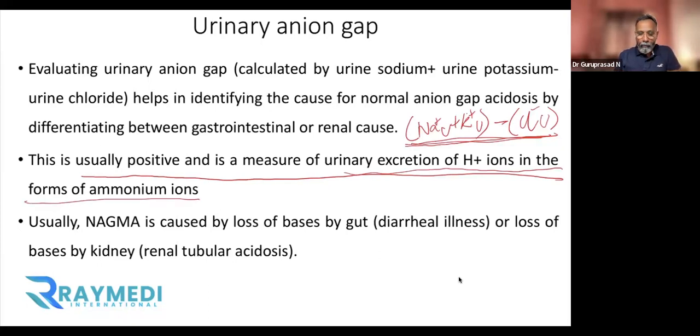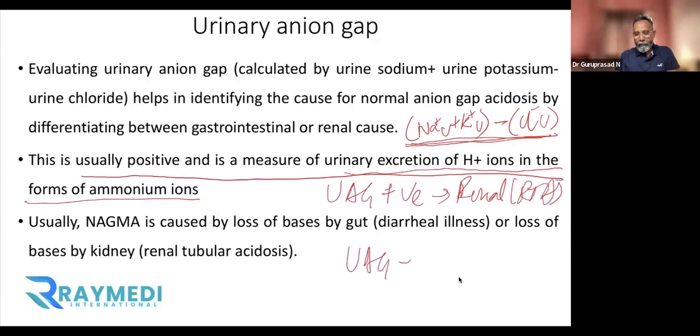This is what we have to understand. So the urinary pH and everything depends on the excretion of ammonium ions. If the urinary anion gap is positive, then the cause for NAGMA is renal, that is renal tubular acidosis. And if it is negative, then the cause is extrarenal, which can be iatrogenic or a GI loss.